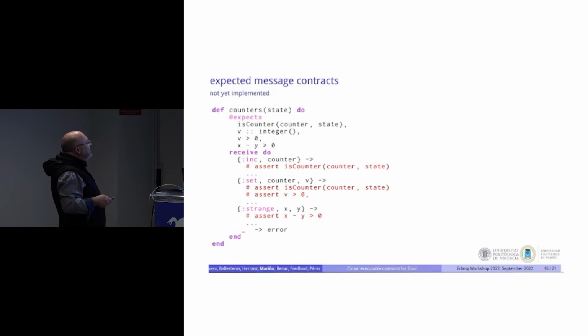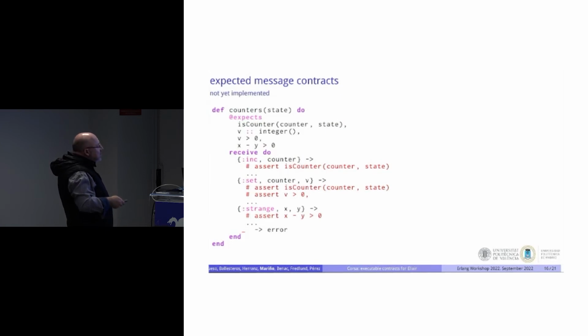So in this case, what we do is the following. For instance, this constraint is about v, v greater than 0. So that means that this constraint affects all the patterns that contain v. Right?